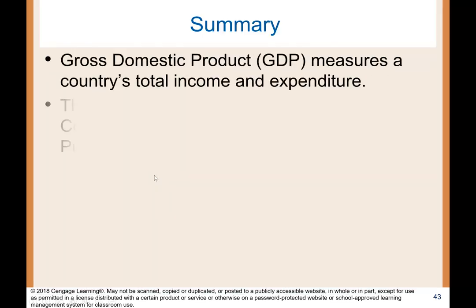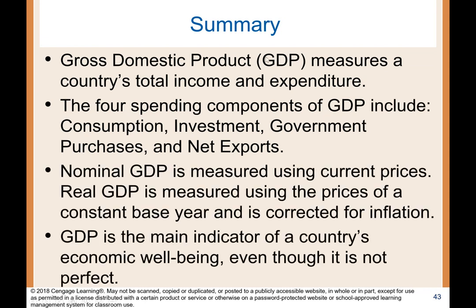Okay, so let's look at the summary. Gross domestic product, or GDP, measures a country's total income and expenditures. The four spending components of GDP include consumption, investment, government purchases, and net exports.